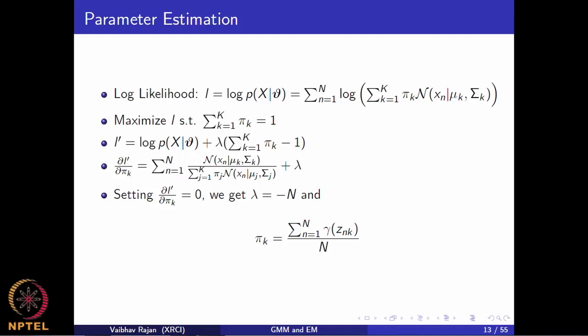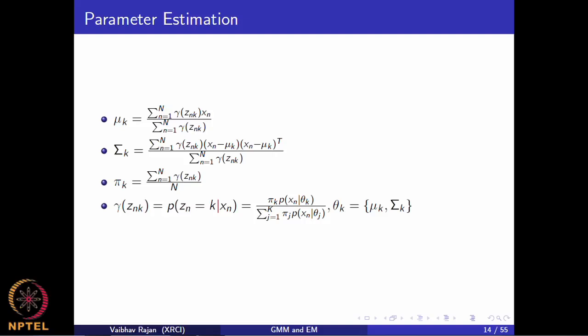So let us summarize. What we found is that we have very nice forms for mu k, sigma k and pi k, given that we know the responsibilities, which is the posterior probability of the latent variable coming from the kth component for the nth data point.